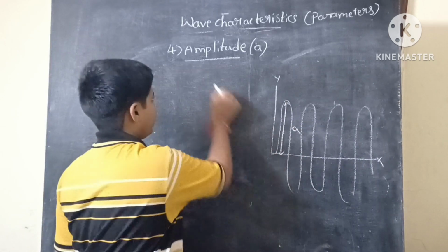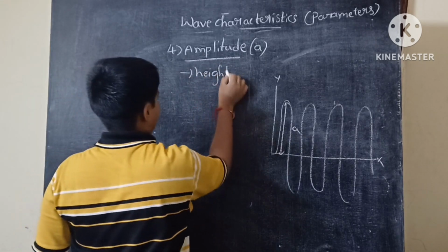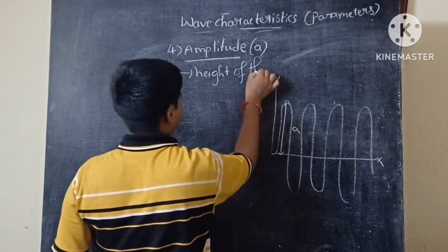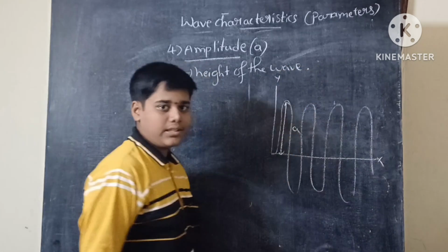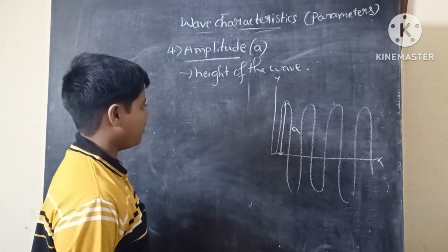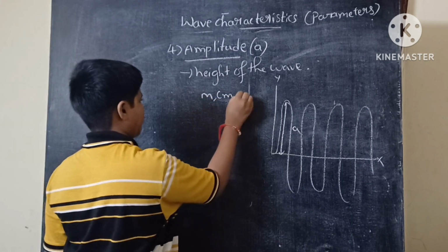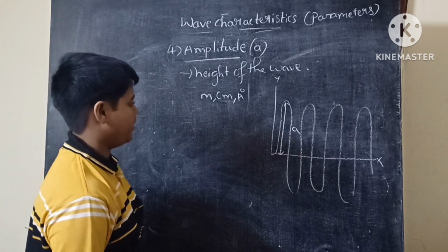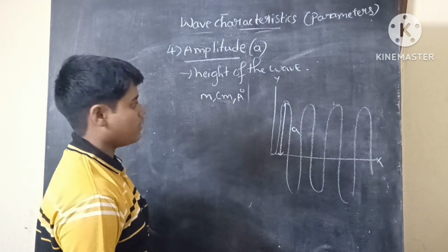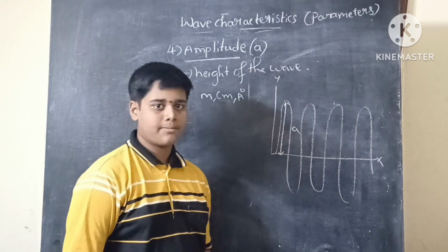That height is known as amplitude. It is measured in meter, centimeter, angstrom, and so on. So these four are the parameters of wave characteristics.